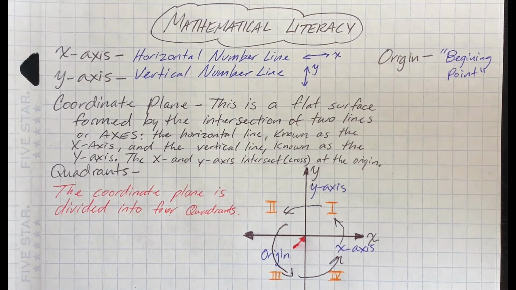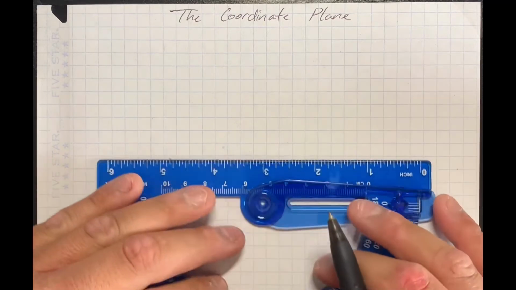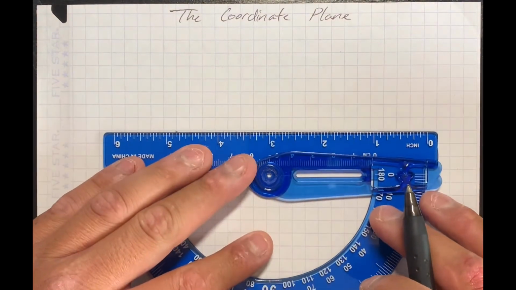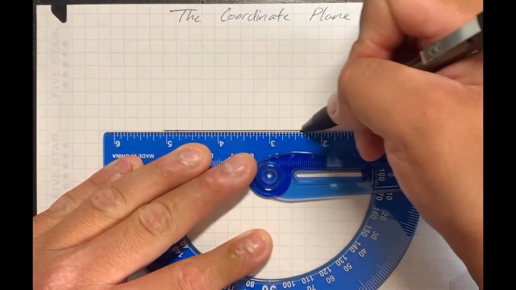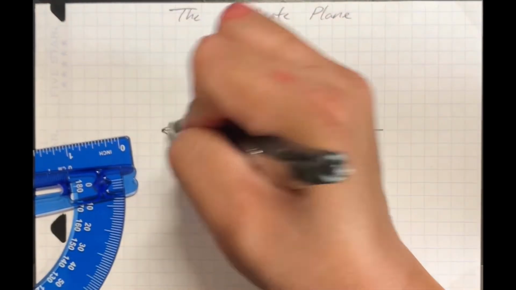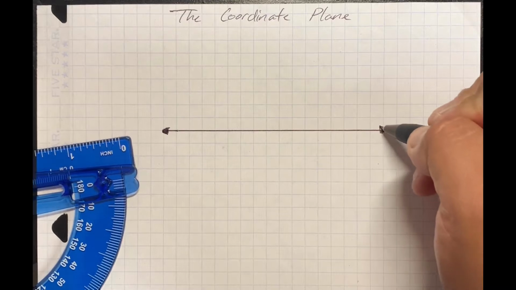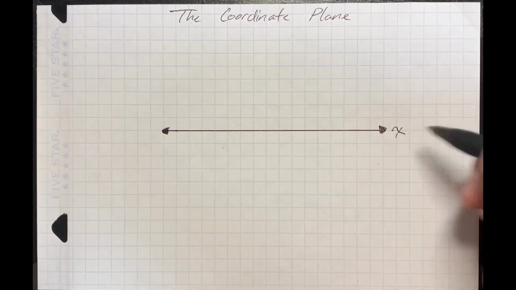For our coordinate plane, I'm going to use this protractor and make a horizontal number line. This horizontal number line is known as your x-axis.